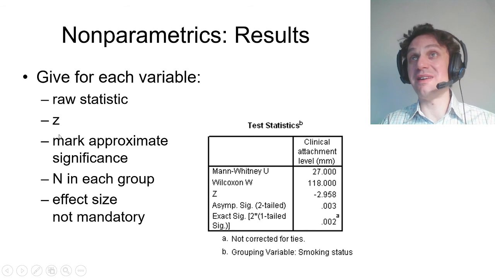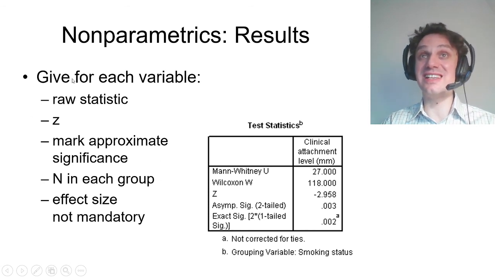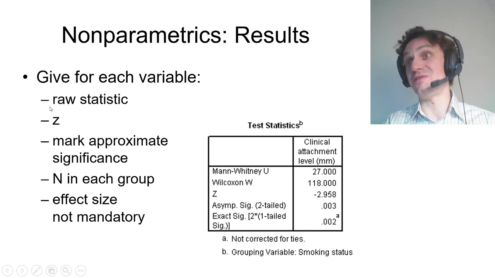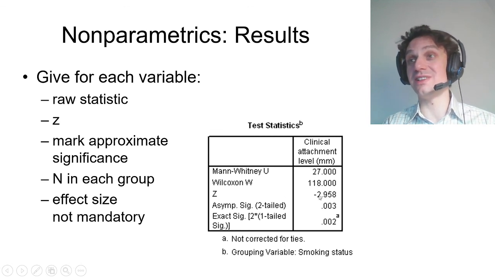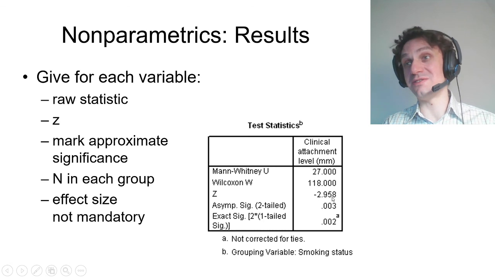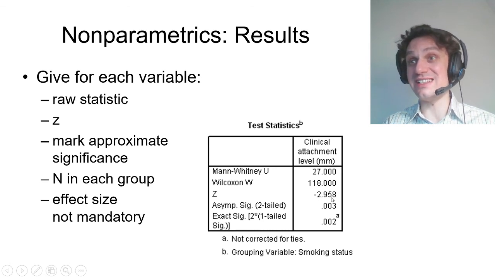So when you publish the results of these non-parametric tests, you can give for each variable a raw statistic like Mann-Whitney U or Wilcoxon W, depending on which test you're applying, a z, which corresponds to a significance. Like here, for example, z-score is 2.95. It's above the critical value of 1.96, which suggests that this is significant at p less than 0.05.